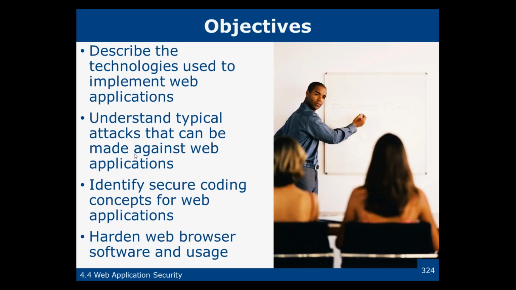Then understand typical attacks that can be made against web applications, and the lab has a couple of those, where you install a piece of intentionally vulnerable software and do a couple of the attacks that they talk about.